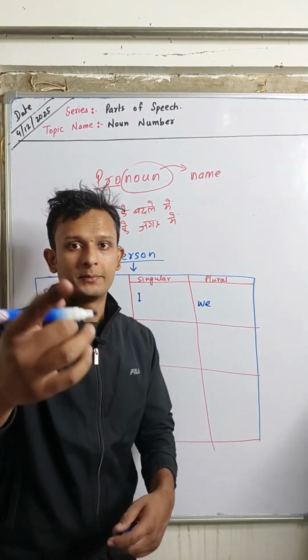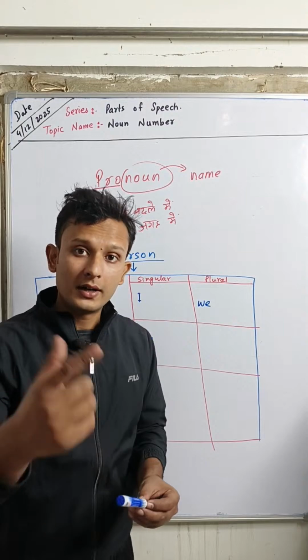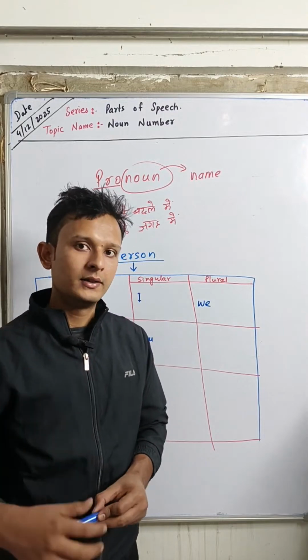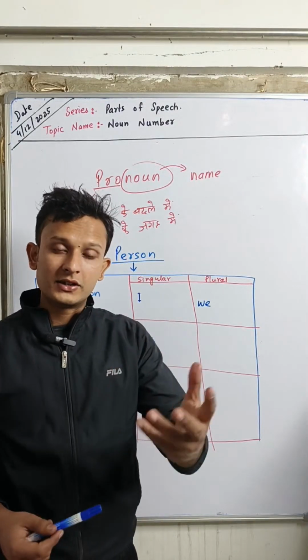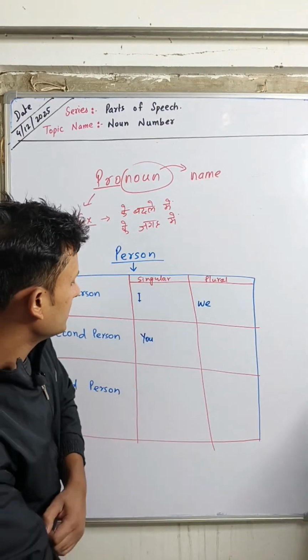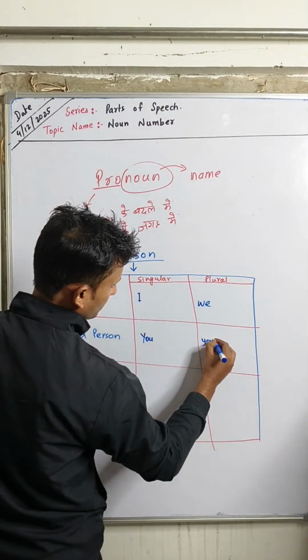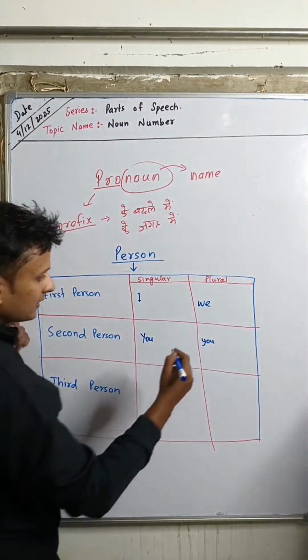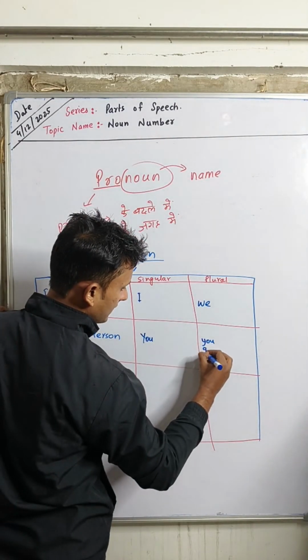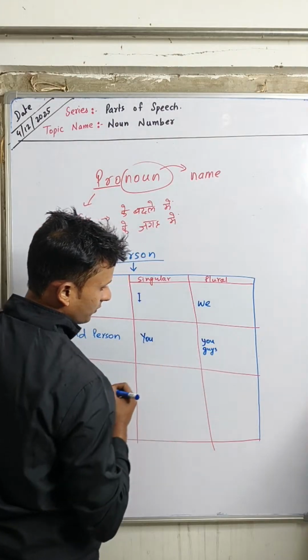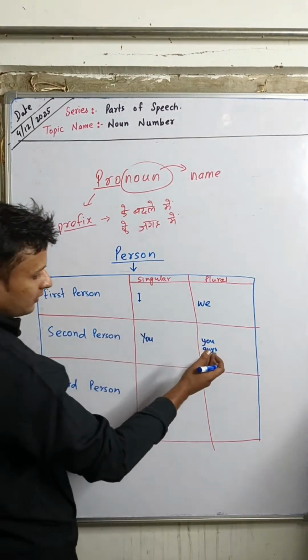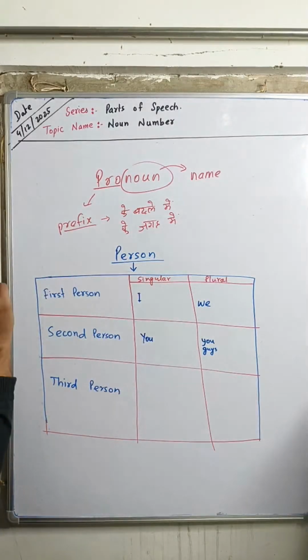Suppose you are that person, you are a student learning English, watching this video, so that you will be considered as the second person, and the plural is also you. To emphasize whether it is plural or singular, we add guys with the plural you, right? You guys, you must have heard this word before.